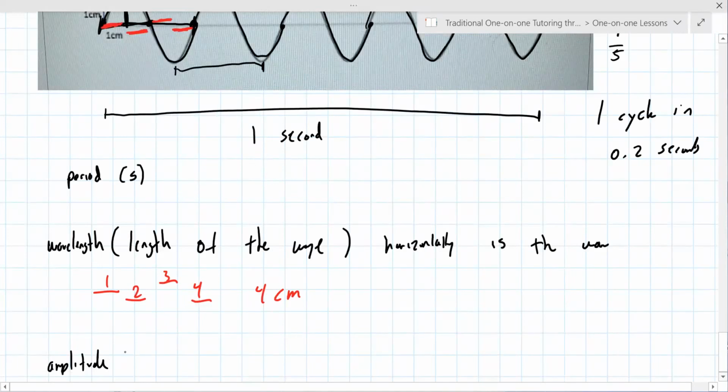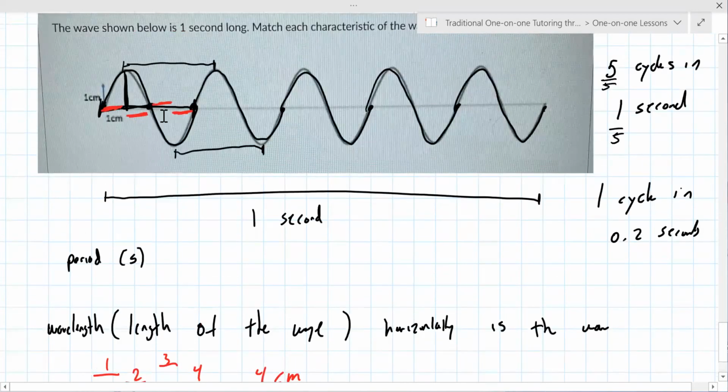So the amplitude is from the center line, and in your algebra 2 trig, I don't remember if we covered this in much detail, but that center line can actually move up or down. But from the center line, wherever the center is, it's just how far up is it? How far vertical is the amplitude?